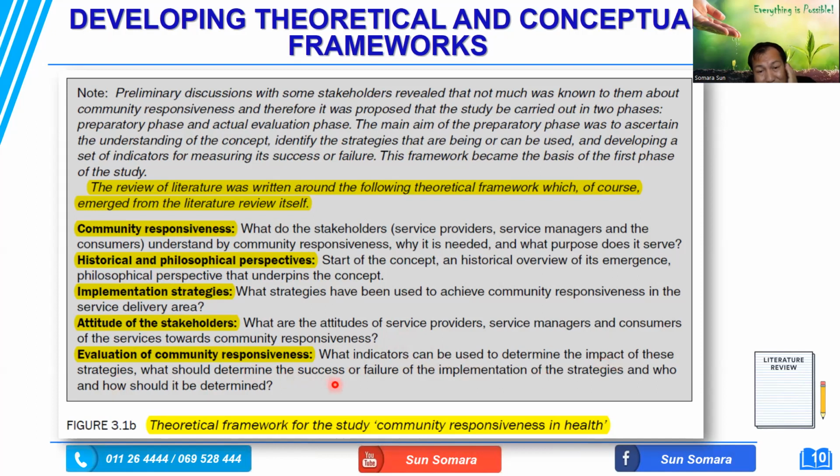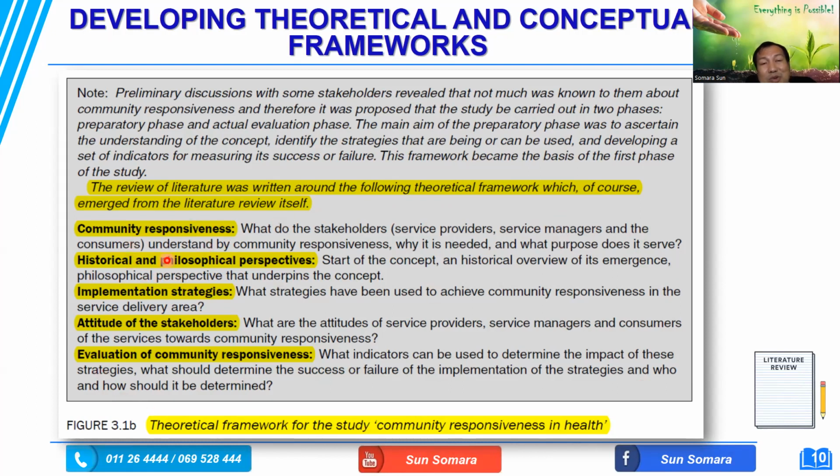What should determine the success or failure of the implementation of the strategy, and who and how should it be determined? So these things are the way that you can explain and interpret the theoretical framework of this part.